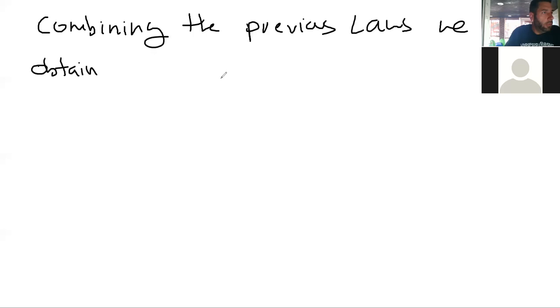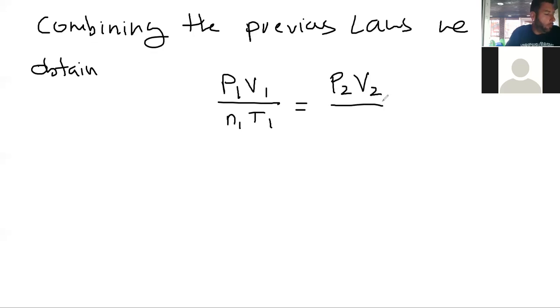So you get the following: P1V1 over N1T1 equals P2V2 over N2T2.